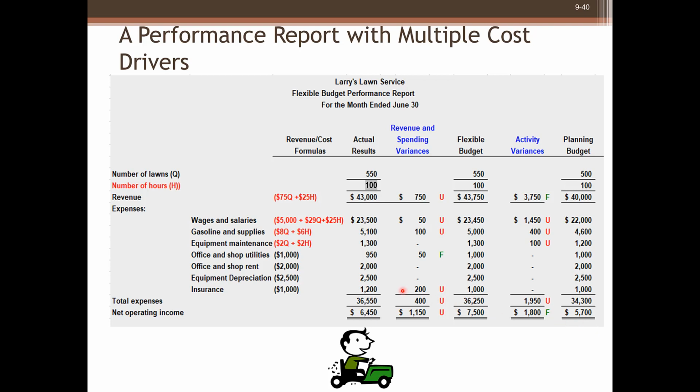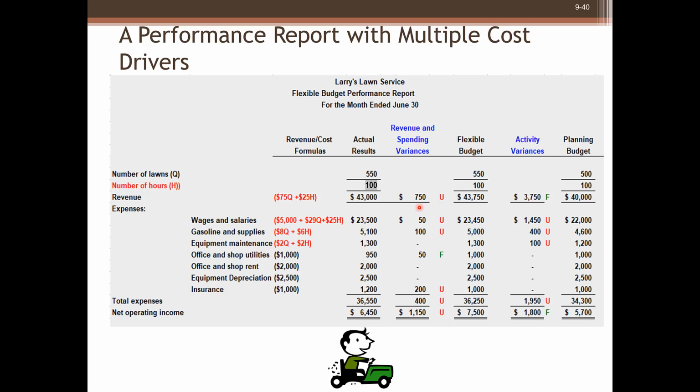For actual results, follow actual number of lawns mowed, 550, and actual number of hours spent on edging and trimming, 100 hours. The differences between flexible budget and actual results are revenue and spending variances.